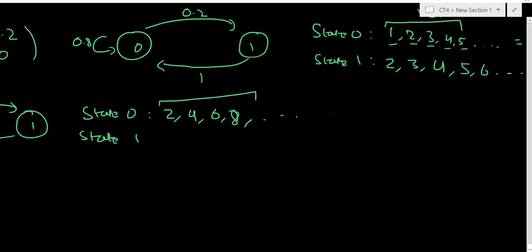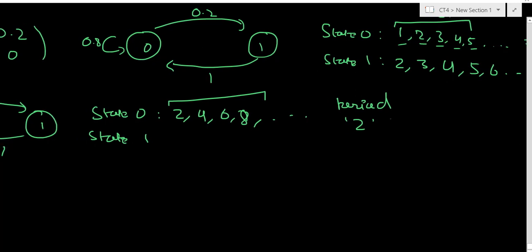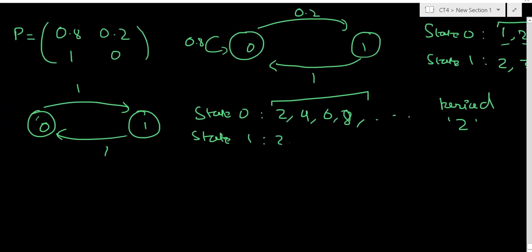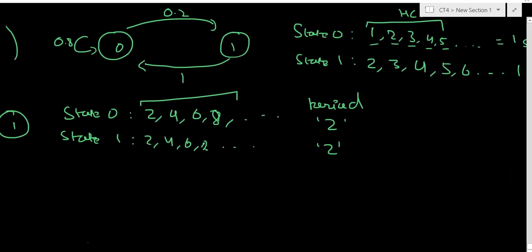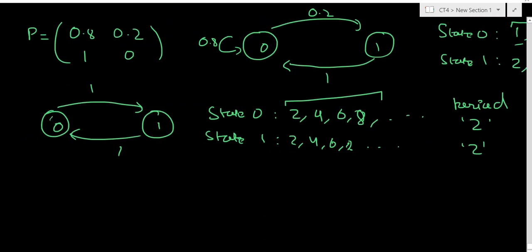Okay, so HCF or the period is equal to 2. So return is only possible in integer multiples of 2 steps, right? So the period is 2. Similarly for 1, the period would be the same: 2, 4, 6, 8, so on and so forth, because I can go from 1 to 0 and then come back, that is 2 steps, 4 steps, 6 steps, 8 steps. So the period is 2. So here the Markov chain is not aperiodic, right?